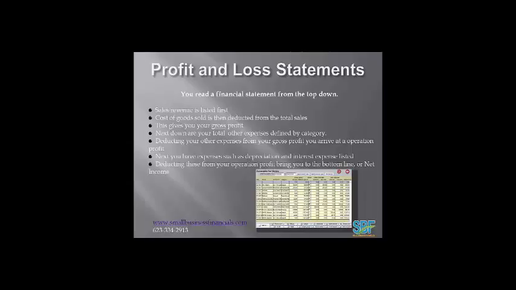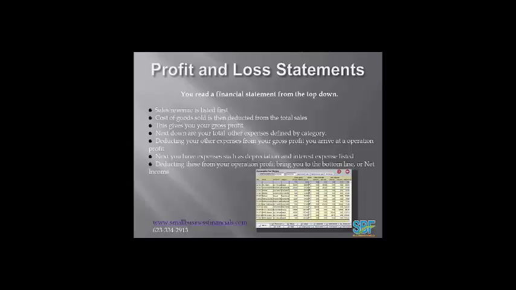Following that comes the cost to you of making these sales, the cost of goods sold, or COGS. And again, these will be broken into the same number of categories you have for your revenue. And then you subtract this from the amount of revenue to give you your gross profit.